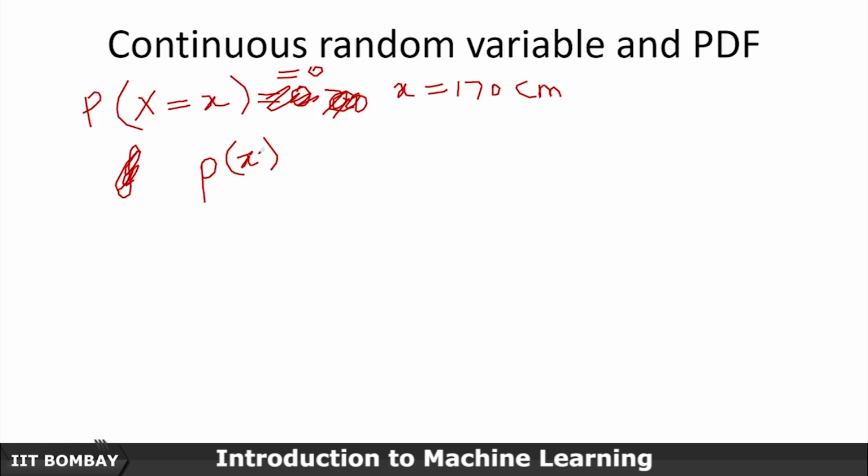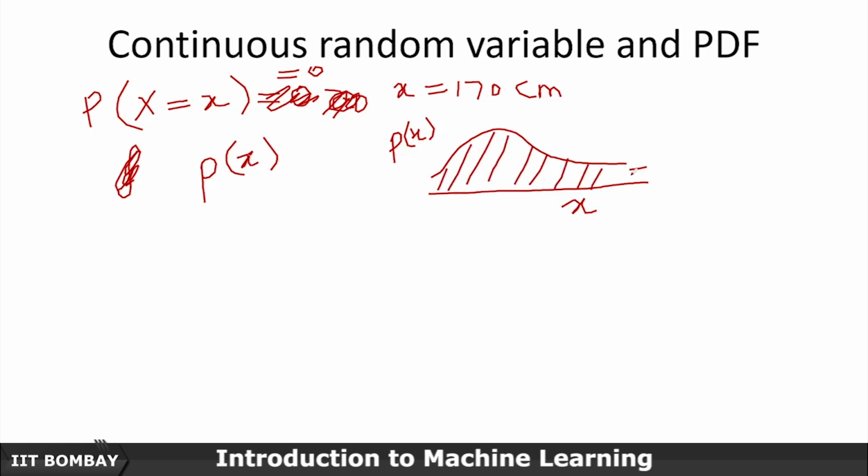Basically it tells you, relatively, in an infinitesimally small interval around x, what is the likelihood of x taking a value inside that interval versus some other interval. So what this means is that you have a graph where you have x on the x axis and p of x on the y axis, and the area under the entire curve is 1.